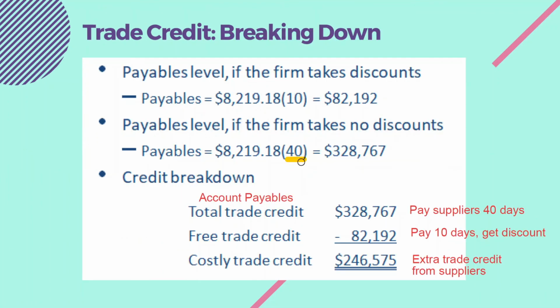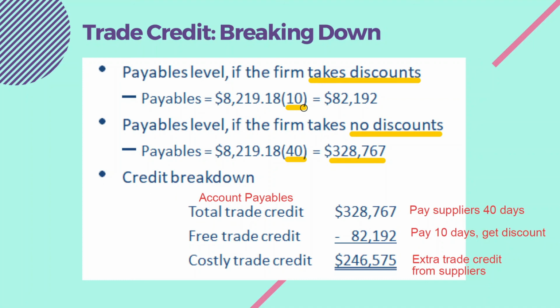Given a situation that the company takes 40 days to pay the suppliers, the amount of accounts payable outstanding would be equal to $328,767. In this situation, the company will not be able to take the 1% discount on the purchase. On the other hand, if the company wants to take the 1% discount, the company must pay suppliers within 10 days.